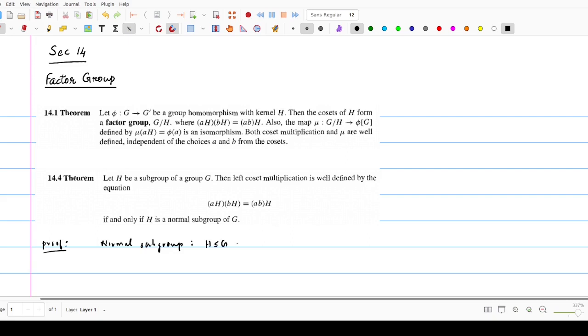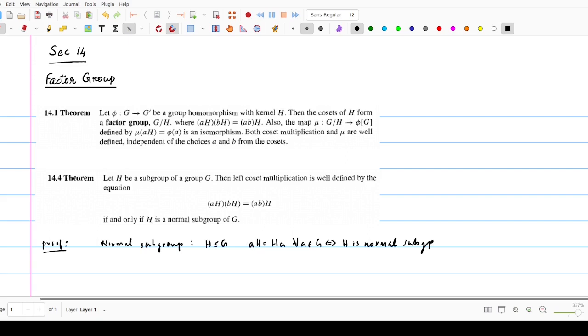Suppose we have a subgroup H of G, and we observe that aH is equal to Ha for all a belonging to G. Then this H is said to be a normal subgroup. That is the definition of a normal subgroup. So for any subgroup H, if its left cosets coincide with the corresponding right cosets, then that subgroup can be considered a normal subgroup.